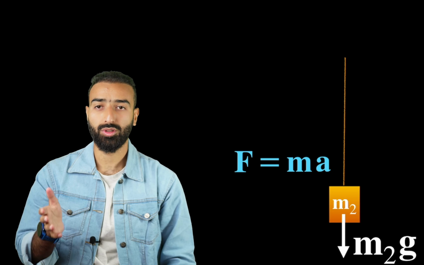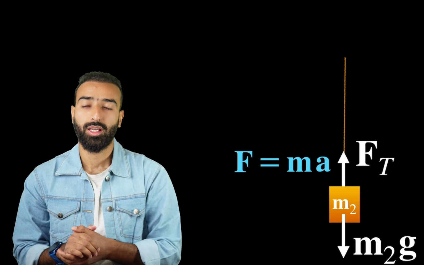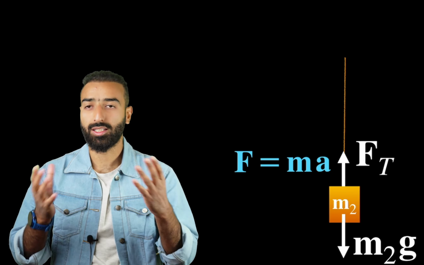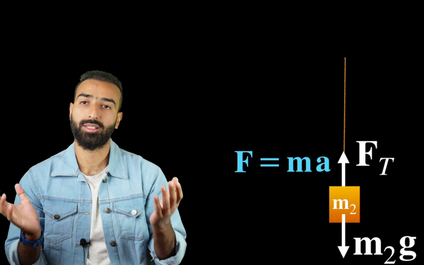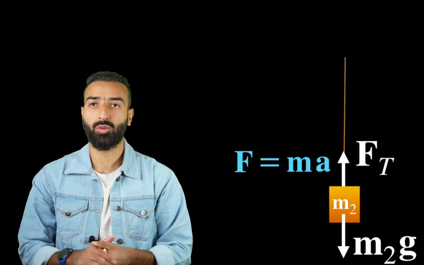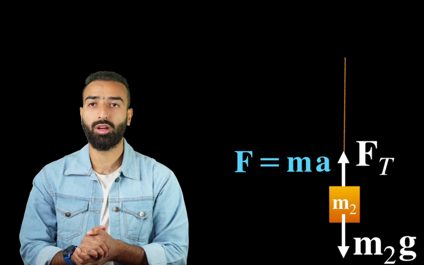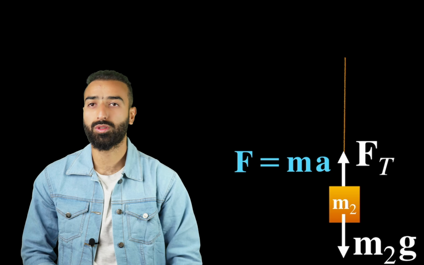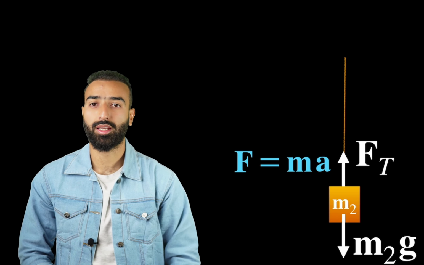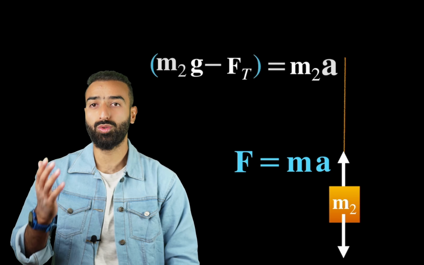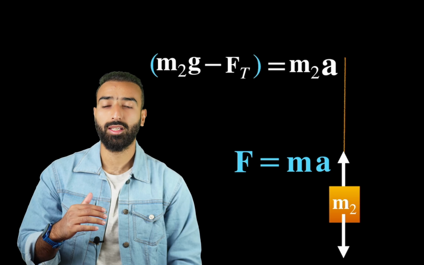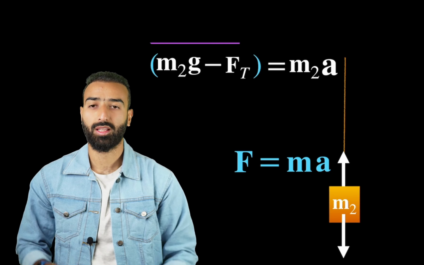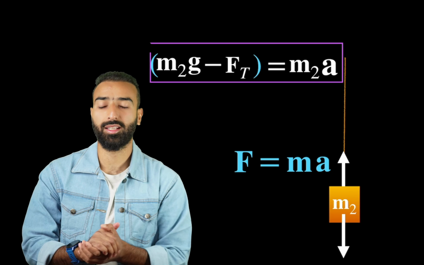The other force, which is the force of the rope, is going to pull it upwards and that's the force of tension, represented by F of t. So we have figured out all the forces on block M2. It's time to use Newton's second law. Newton's second law takes the form of m2g minus F of t equals m2a. That's great. We have our second equation.